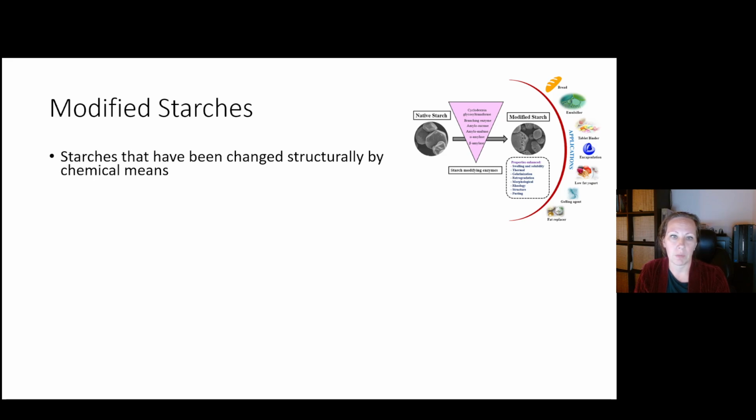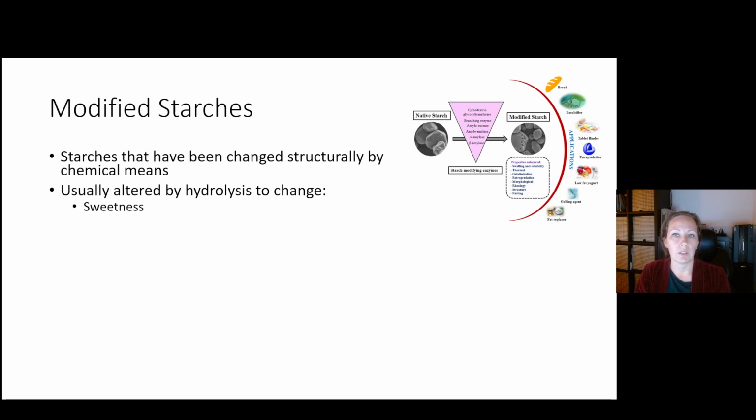The chemical means might be an acid that they added, enzymes that they used, but the chemical structure of the starch has been changed. And with that, there's usually a hydrolysis process to do that.